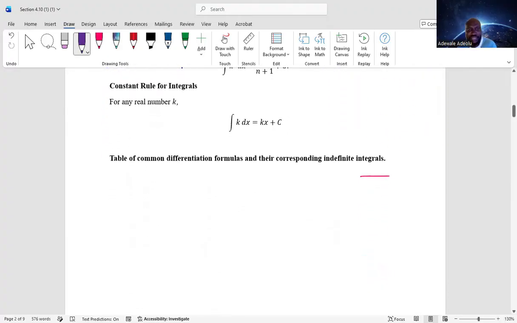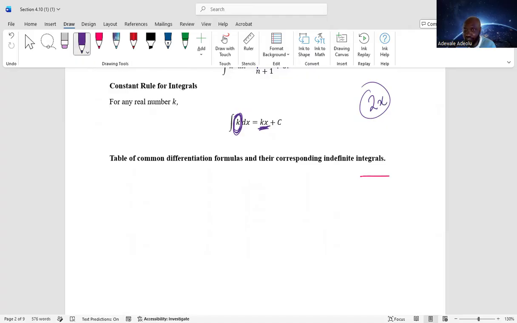There is also a constant rule for integrals, which is simply that when we are integrating a constant, we get the constant times dx. If I ask you to give me a function such that when I take its derivative my answer is 2, you will tell me maybe something like 2x.